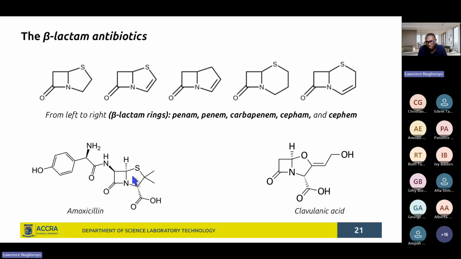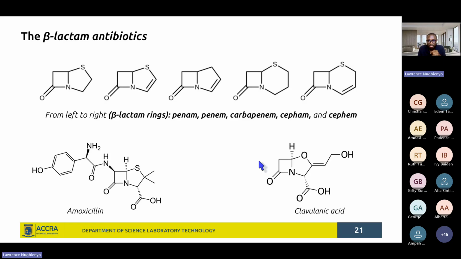And you also have clavulanic acid. I think on the Ghanaian market now, we have amoxiclav, a combination of amoxicillin and clavulanic acid. And even this ring in clavulanic acid is not the same as here.